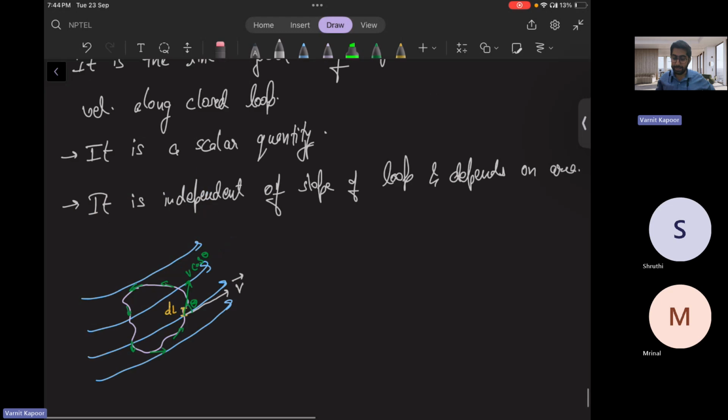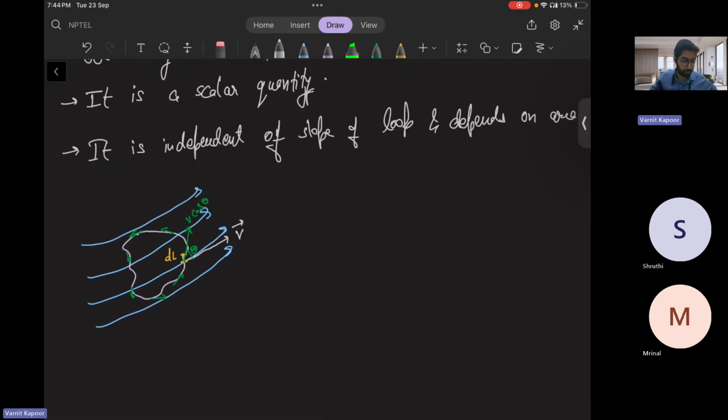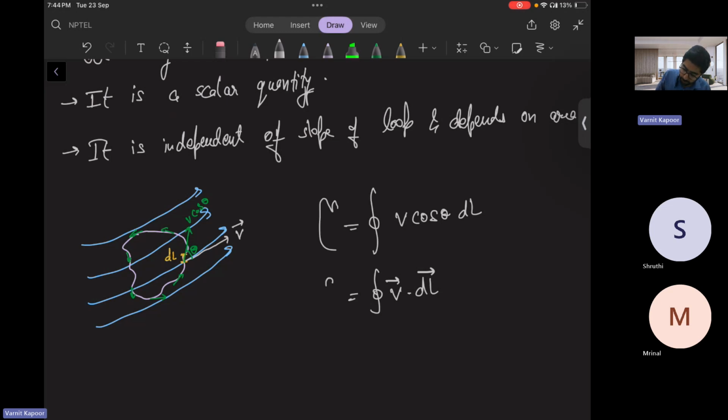That means my circulation is the integral over the closed loop of the tangential component v cos theta dl, where dl is a small element. It can also be written as v dot dl, which is the dot product v dl cos theta. This is the circulation.